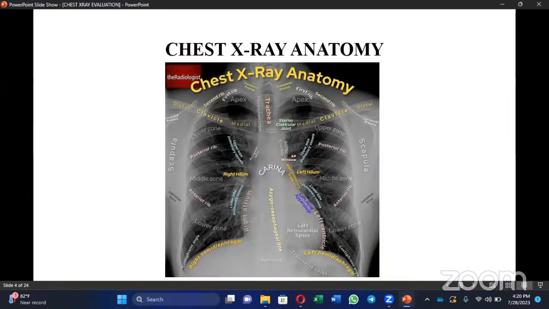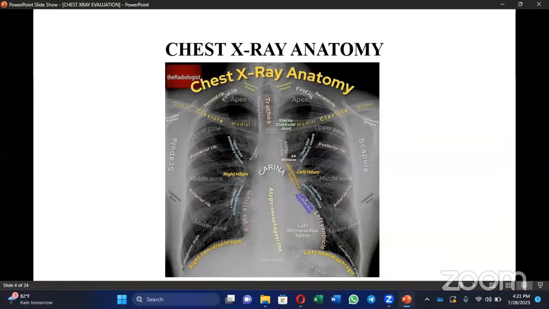But on the PA view, the clavicle has that S-shaped appearance. However, on an AP film or AP view image, the clavicle is more horizontal. You see how this one is appearing on an AP image, the clavicle is more horizontal, or it lies in the horizontal plane.